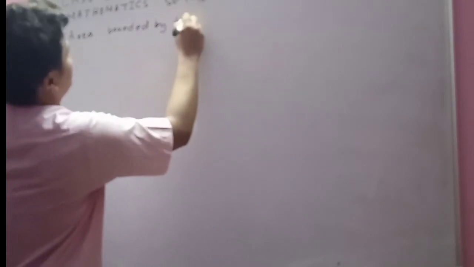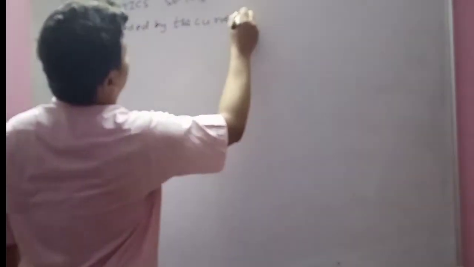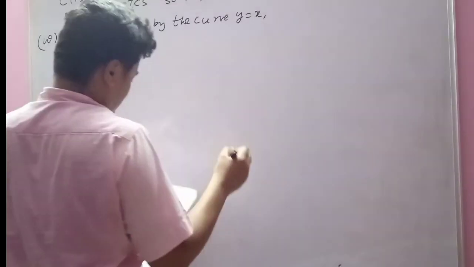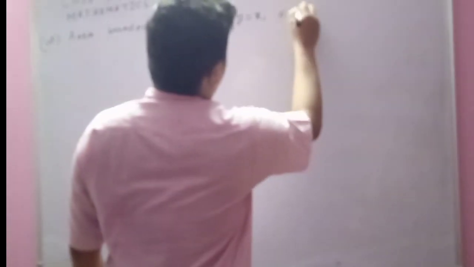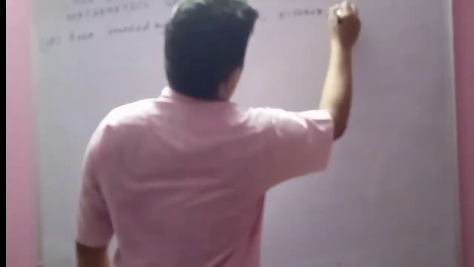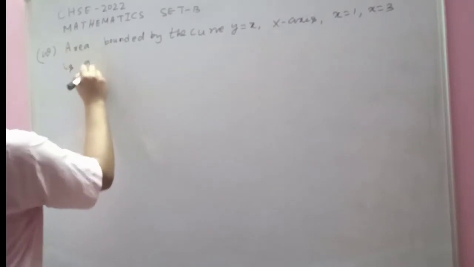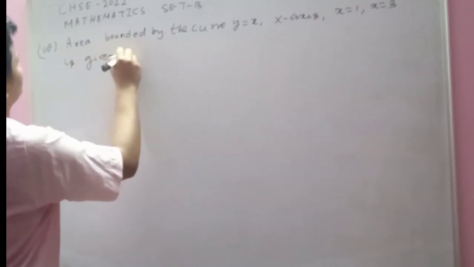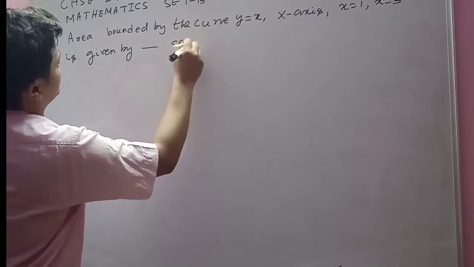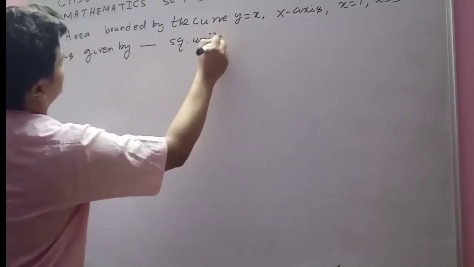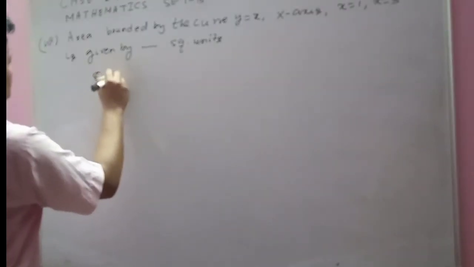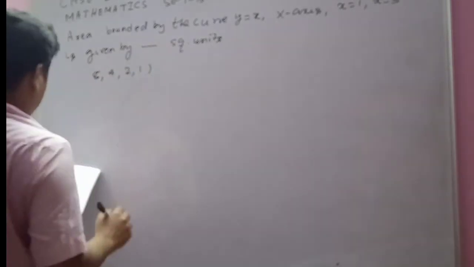Area bounded by the curve y equal to x with x-axis and between the lines x equal to 1 and x equal to 3 is given by dash square units. Options given: 8, 4, 2, 1.